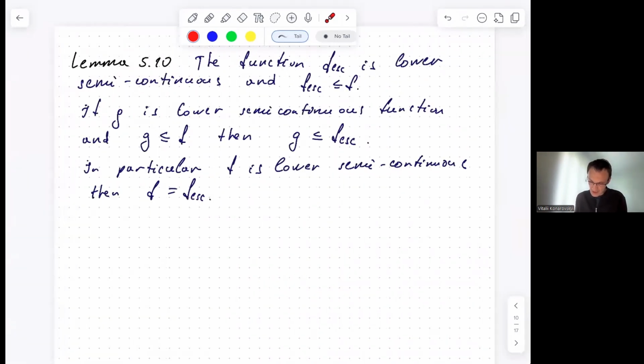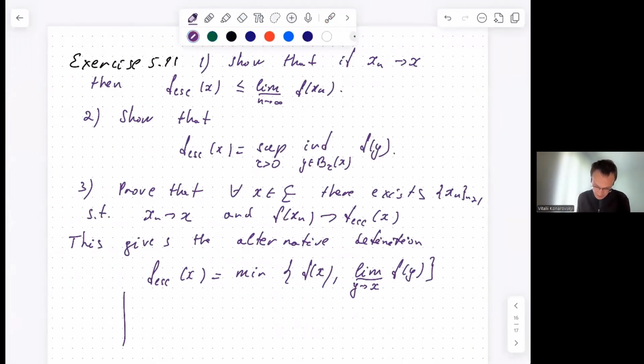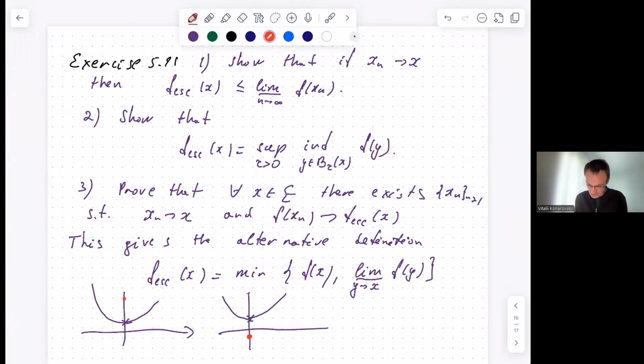For instance, you can immediately answer the question when I draw two graphs. One graph is like that graph, and here the value of the function is somewhere here. Or I will take the graph of a function that looks the same, but at that point its value is negative. Then you can immediately say that this function here is lower semi-continuous, but this function is not lower semi-continuous.